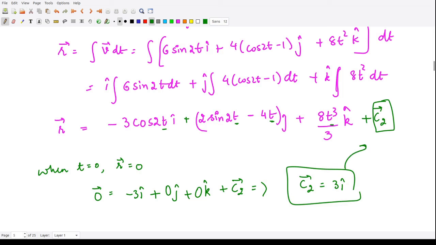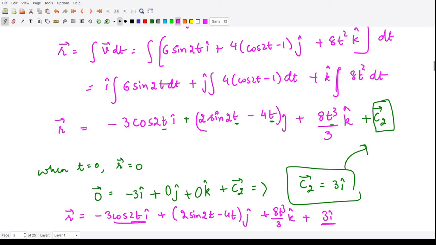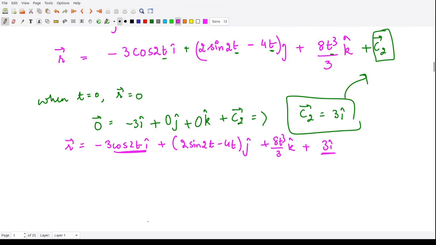So you can substitute the value of this vector here, so that you obtain the displacement as the vector minus 3 cos 2t i cap as such, plus 2 sin 2t minus 4t j cap as such, and then plus 8t cube by 3 k cap as such, and then instead of C2 you can write 3 i cap. So you could club this term and this term. So finally, what do you obtain here?